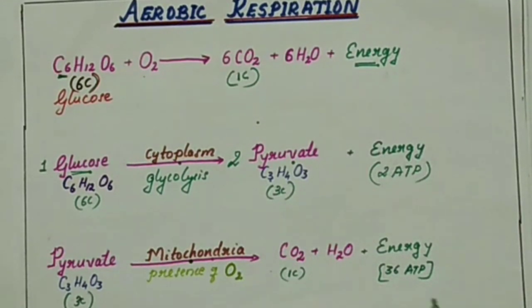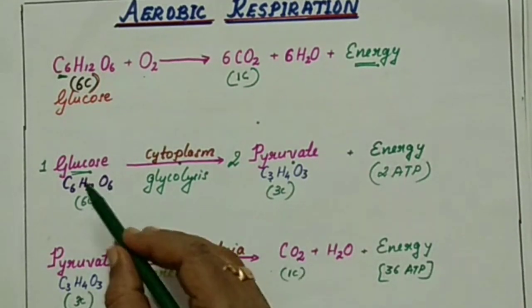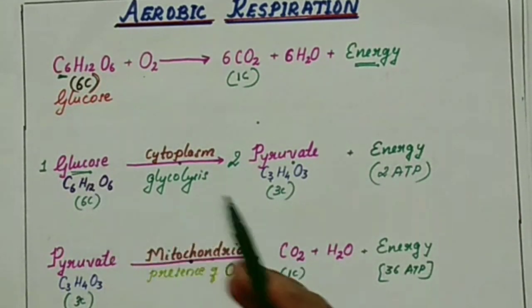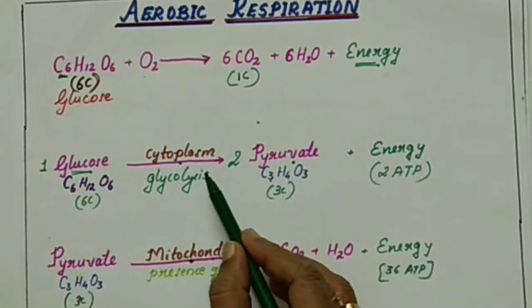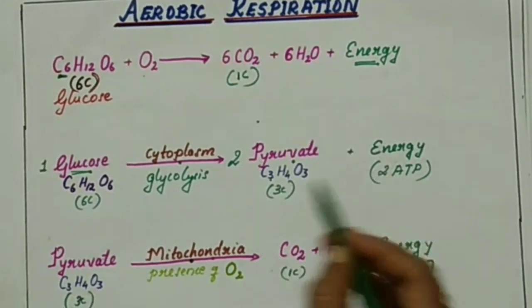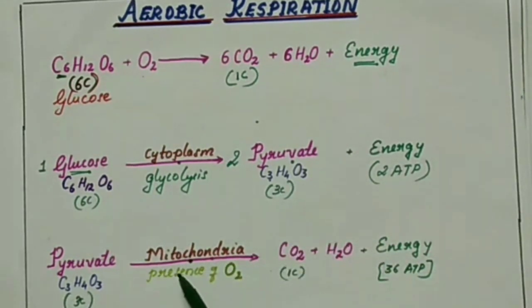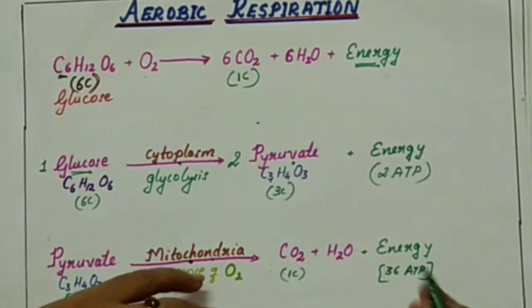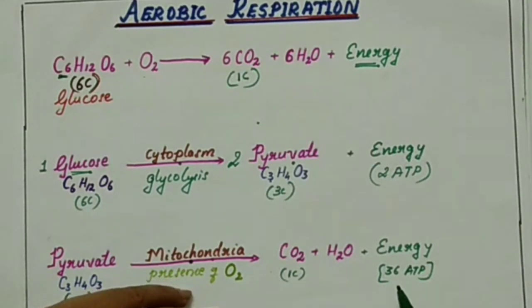So, in aerobic respiration, the glucose molecule is broken down into pyruvate in the cytoplasm, and at that time some amount of energy is released. When this pyruvate enters the mitochondria in the presence of oxygen, it is oxidized into carbon dioxide and water, and as a result 36 ATP molecules are produced.